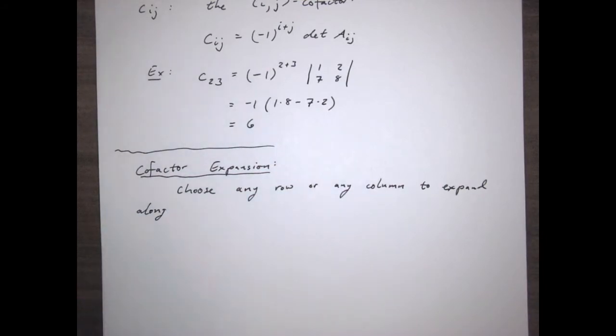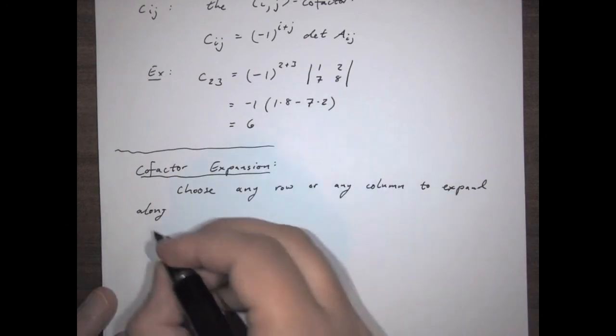And we'll describe this a little bit more when we talk strategics, but what you would be looking for is any row or any column that has a lot of zeros.